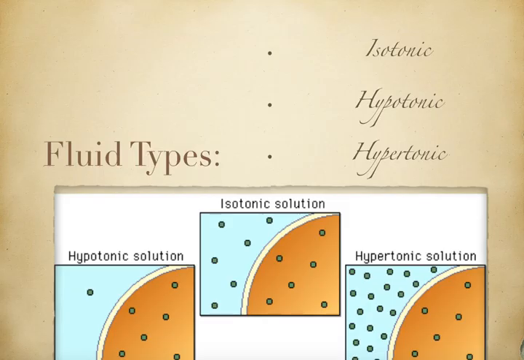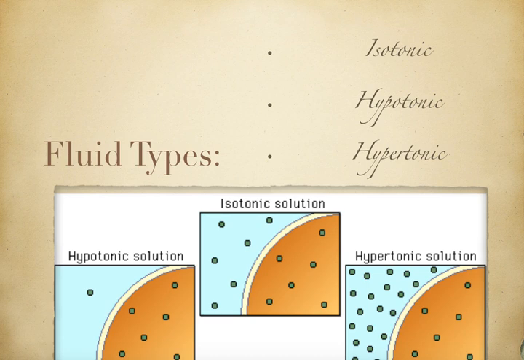Within those fluids, there are different fluid types. Basically, we want to maintain fluid balance between the compartments, intracellular and intravascular. The three main types of fluid are isotonic, hypotonic, and hypertonic.